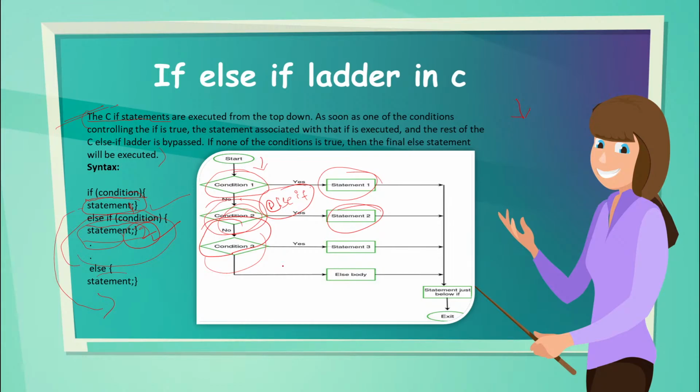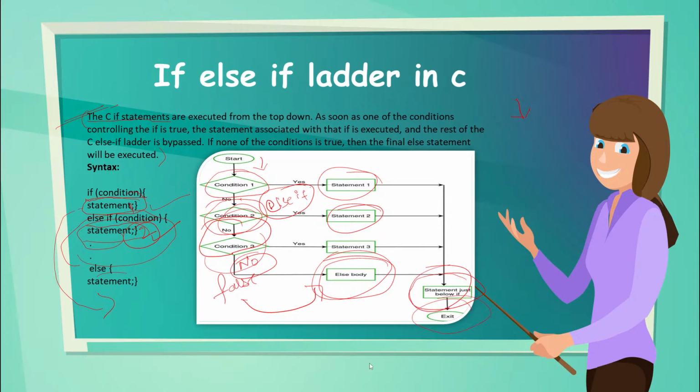Finally it will go to the else body if this condition is false. After the completion of this else if block, it will go to the default or next statement, then the program will be exited.